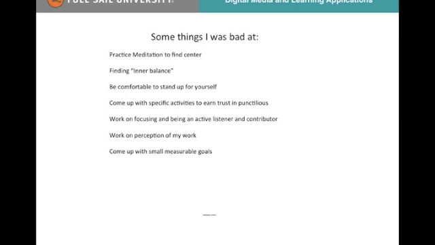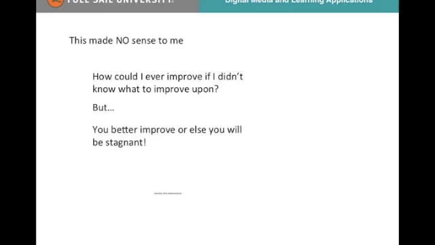So I got advice such as, meditate and find inner balance and work on small goals. But this advice really didn't help in many ways, because when you have things that you need to improve upon, it's really important to turn advice and suggestions into action items when creating a punctilious checklist.